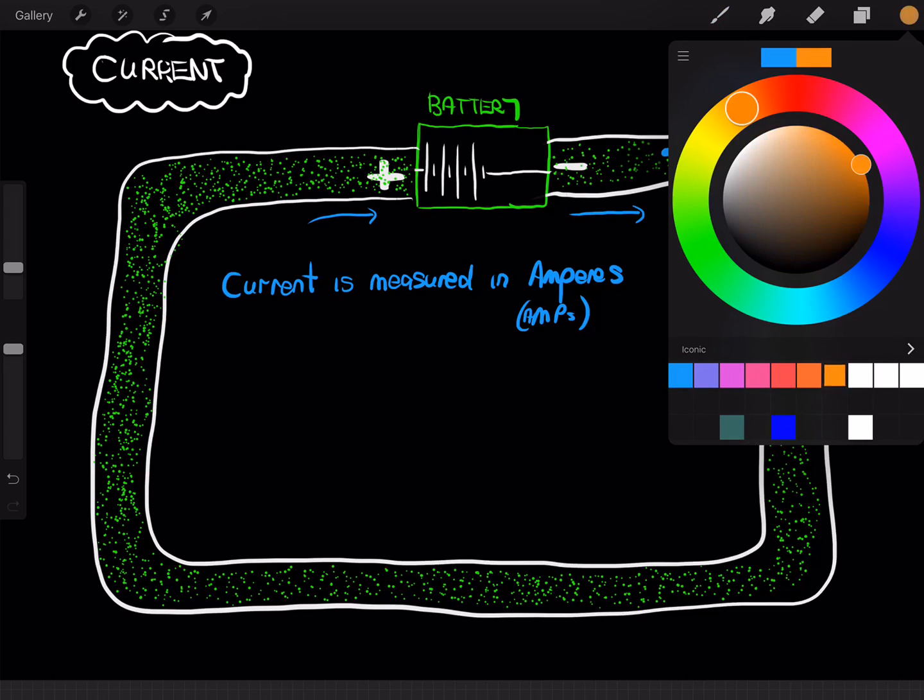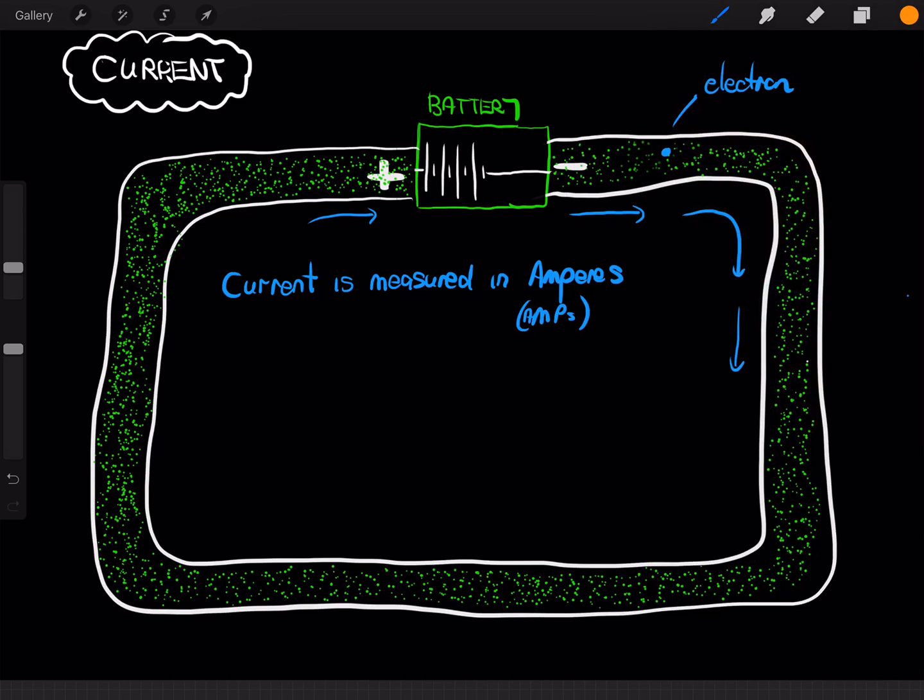Now, if we imagine a group of electrons here. There's a whole bunch of electrons there, let's say. Now, there are countless numbers of electrons in an electric circuit like this. And so what physicists have done, they've actually come up with a unit which describes a whole heap of electrons.